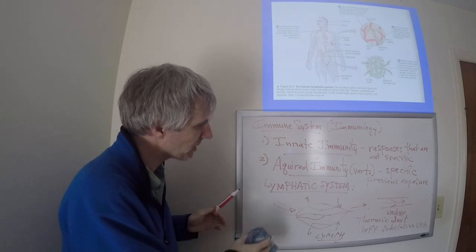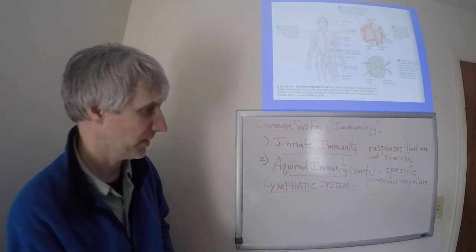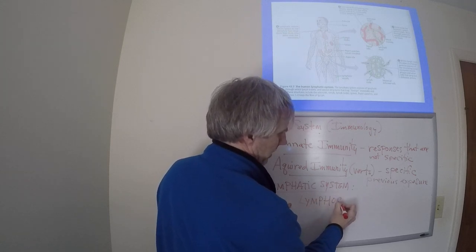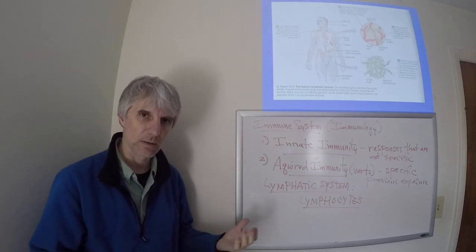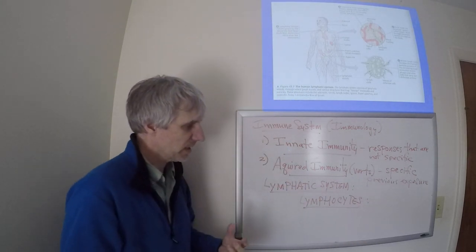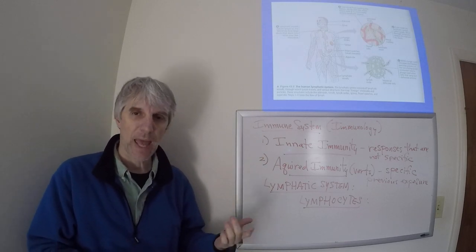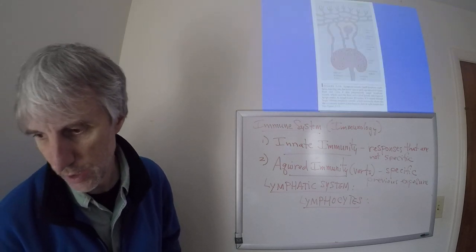Okay? Collectively, these cells are called lymphocytes. These are cells of the lymphatic system with many of them hanging out in these lymph nodes. That seems to be where they do most of their work.